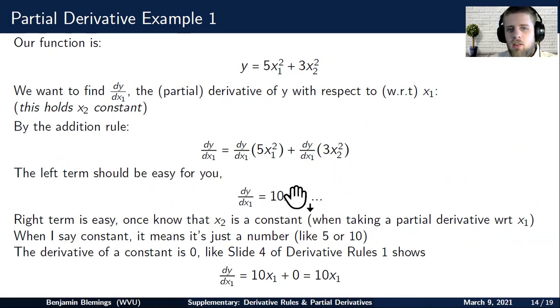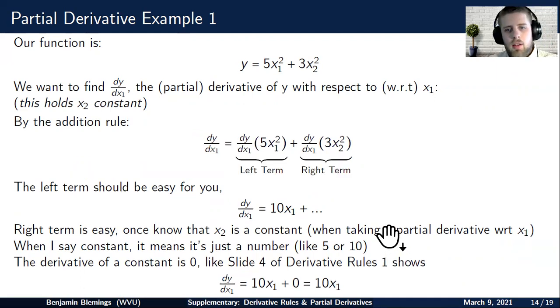It means that x2 is just a number in this example. So 3 times some number squared is just a number, and taking the derivative of a constant is just 0, like we saw in the derivative rules 1 slides. And so then we know that dy dx1 is just 10x1. Easy. All right.